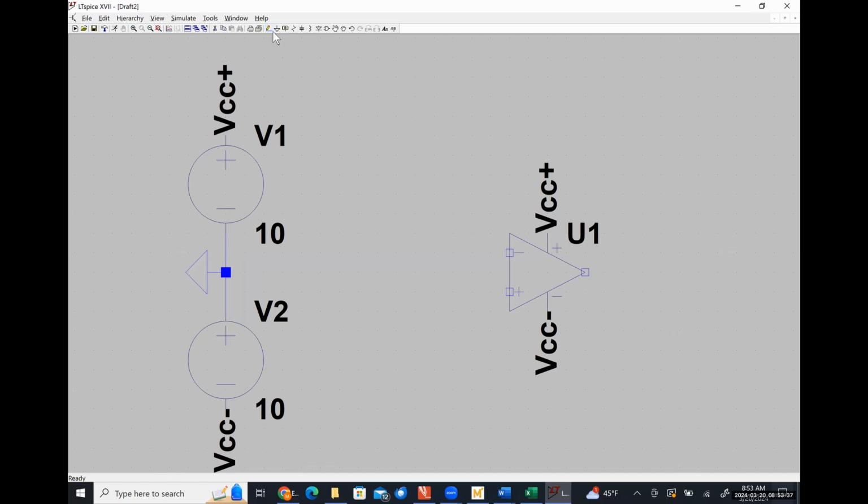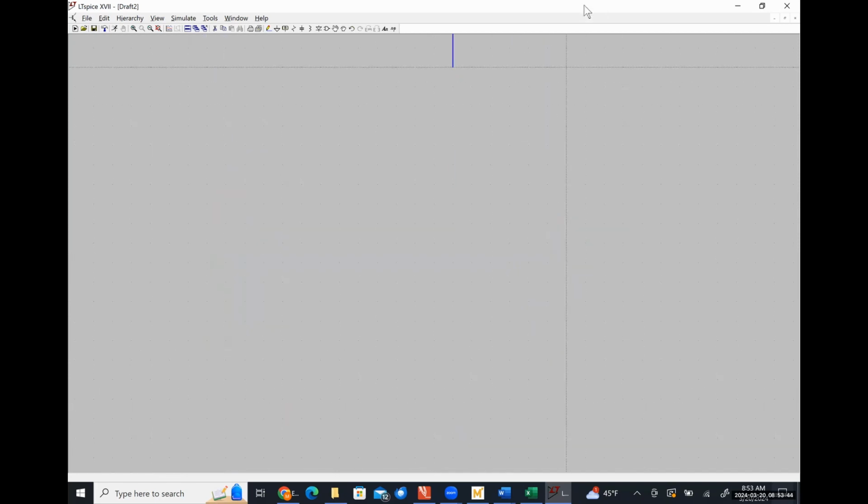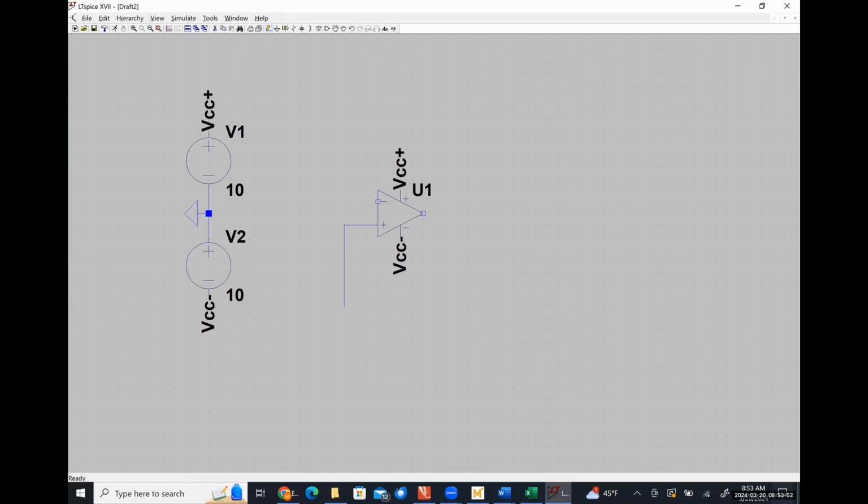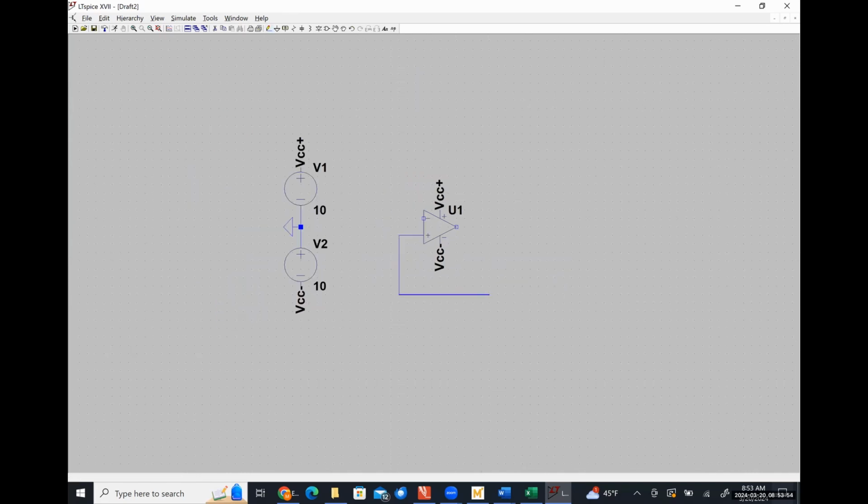And now let's work on our feedback loops and all of that kind of good stuff. Oh, goodness gracious, what the heck happened there? I'm just doing all of this with wires, and then I'll add in my components in a moment.